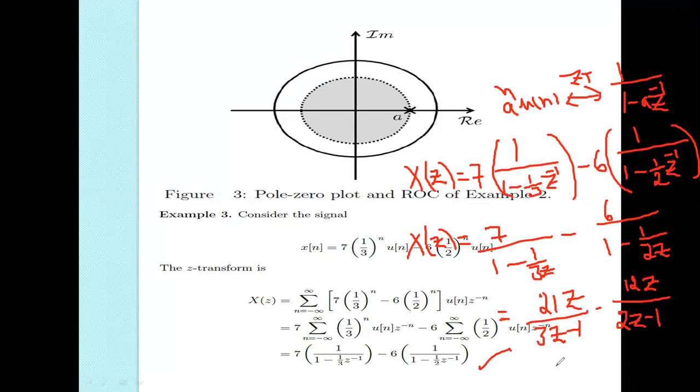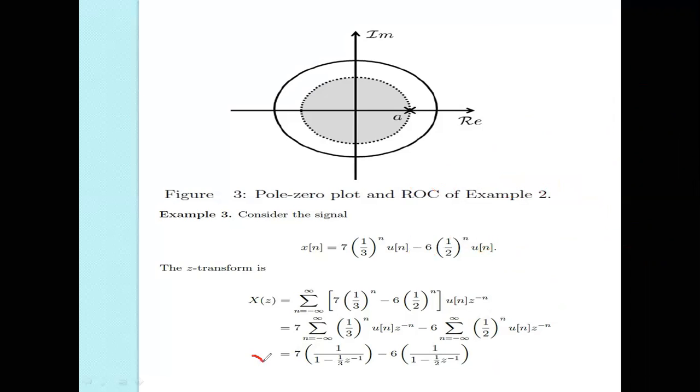Still you can go for the simplification by taking the LCM of 3z minus 1 and 2z minus 1, multiply and simplify. Or directly you can keep it like this only. X of z is equal to 7 into 1 by 1 minus 1 by 3 z inverse minus 6 into 1 by 1 minus 1 by 2 z inverse. Got it?